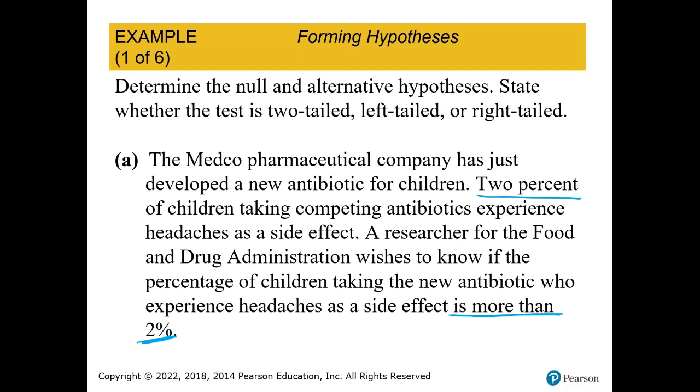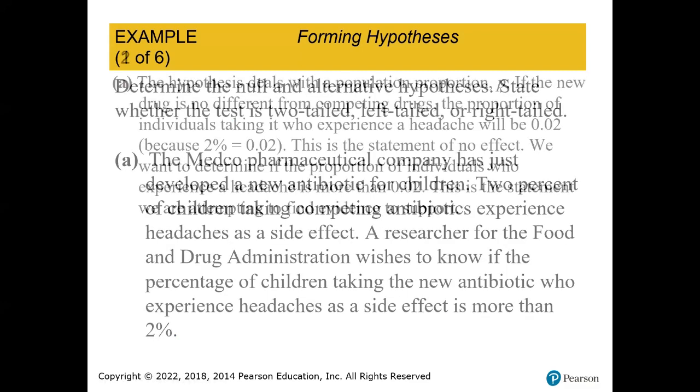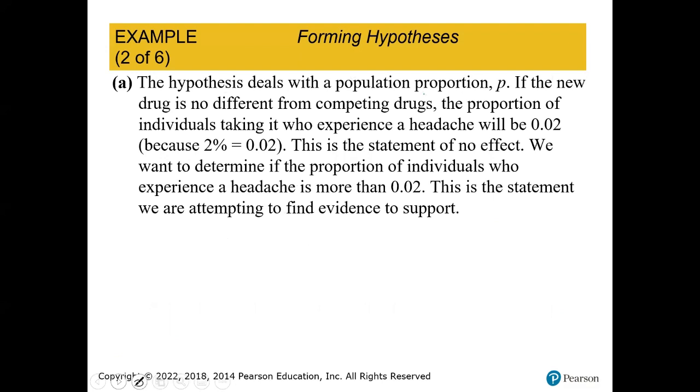Your first thing is you have to determine what symbol we are working with. Are we working with a proportion, a mean, or a standard deviation? Because we have percents, we're working with proportions. The hypothesis deals with a population proportion, or a p-value.